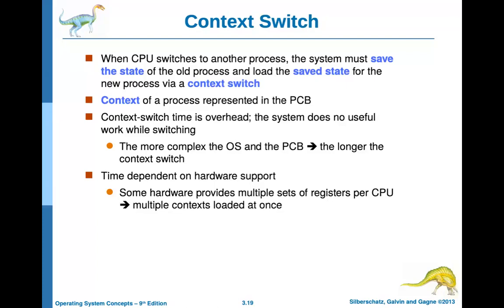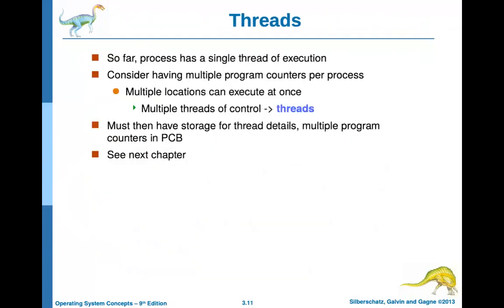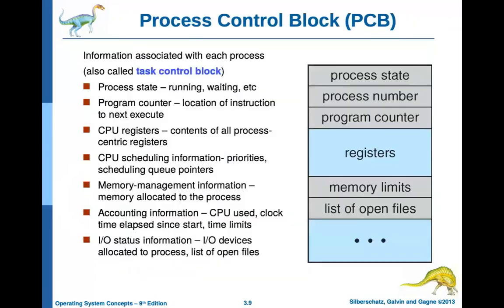Now whenever we are saying the context of a specific process, that will be represented by the PCB, the process control block. And the contents of the PCB we already went through. This is the PCB, where we have the state, PID, the program counter, CPU registers, list of open files, different memory limits.